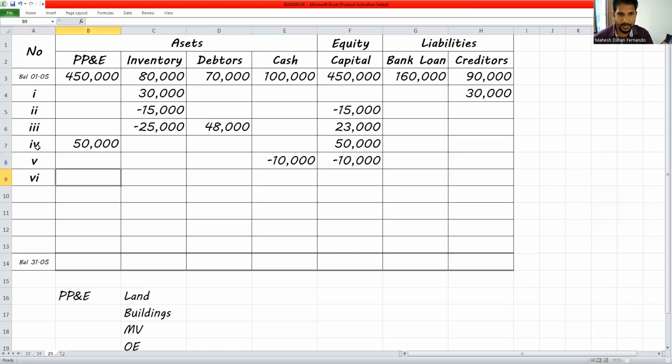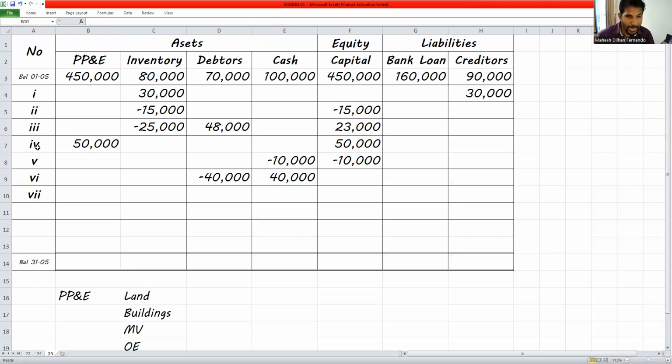Number 6. Collected 40,000 from debtors. Debtors minus 40. One asset decreases, and cash plus 40. Okay.